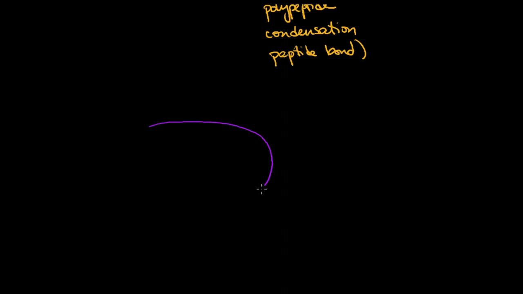I hope you know that this whole process of amino acids getting put together happens in the ribosome. And there are differences in the ribosomes between prokaryotes and eukaryotes. We'll talk about that when we talk about cells in the future. But it's here in the ribosome that the amino acids get put together.